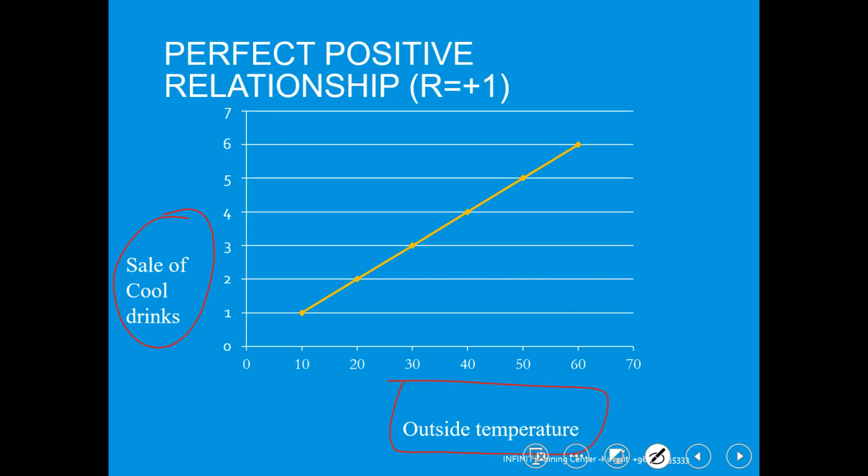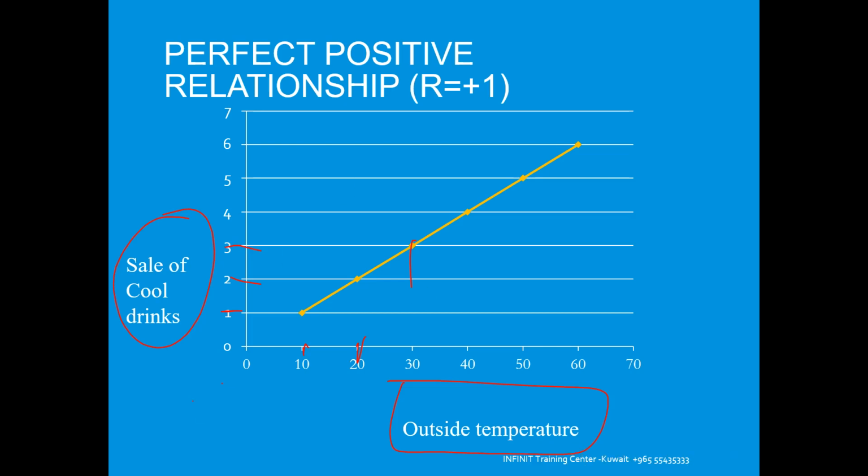We can say when the temperature is 10, you are selling 1 unit of cool drink. When it is 20, exactly you are selling 2. The proportion of increase is same. When the temperature is 30, you are selling 3 ice cream. Again, the proportion of increase is same.